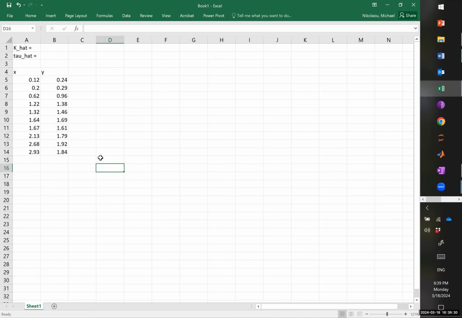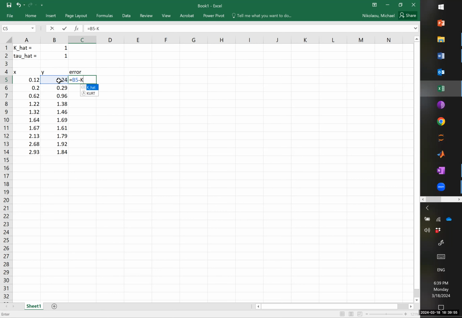What am I trying to do? I'm trying to estimate values for these two, right? So I have called this K hat, I've called this tau hat, and I give them something like 1 and 1, doesn't matter. I'll create the error. At this point, I have a measurement minus what the model predicts.